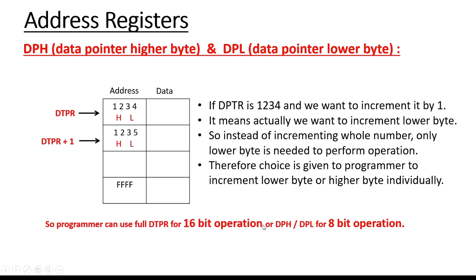Only the content of DPL is fetched into the ALU, the increment operation is performed, and the result is stored back in DPL. When you use DPTR, it requires a 16-bit operation, and when you use DPH or DPL, it's an 8-bit operation. Unlike the program counter, DPTR is not an auto-increment register. You need to increment it in a loop or in some other manner.